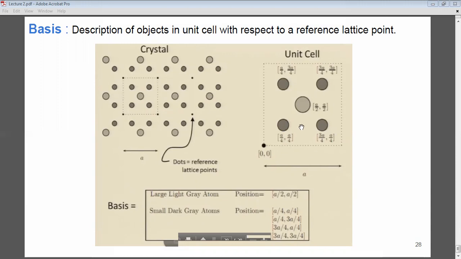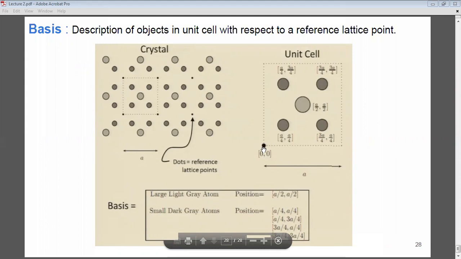So what do we have? We have the basis. For the basis, we should list off all of the objects in the unit cell with reference to the reference lattice point called (0, 0). So we take this reference point to be (0, 0), and we have to say what is inside this unit cell with respect to this (0, 0). And this is our basis, okay?